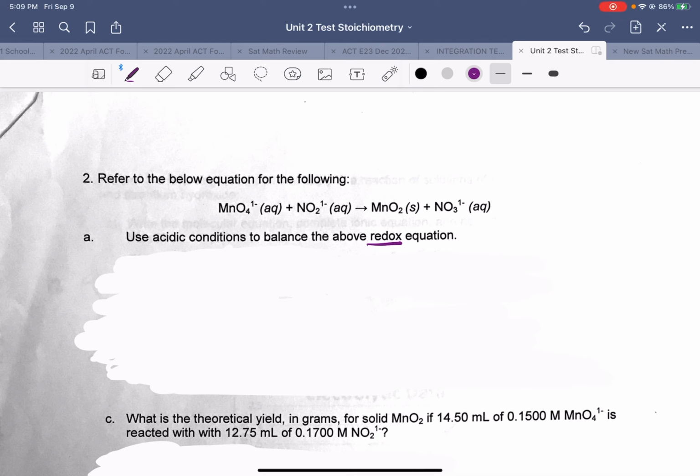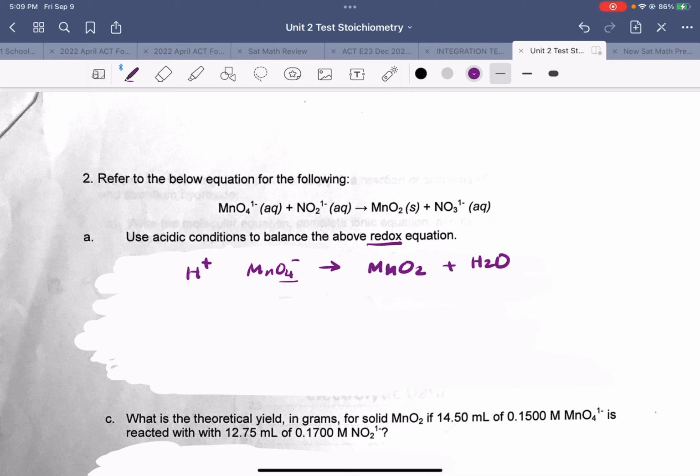Okay, so let's look at MnO4 minus first. Now that becomes MnO2. When this dissolves in the water, where does the O2 go? It makes water, H2O. Then of course you need H plus in the water, the hydrogen ion.